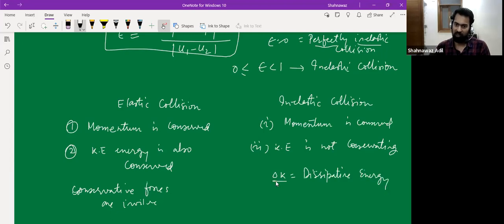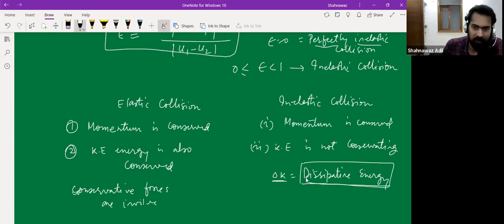So kinetic energy is dissipated by heat or by some other factor, right? So this is the conceptual part of the elastic collision and the inelastic collision.